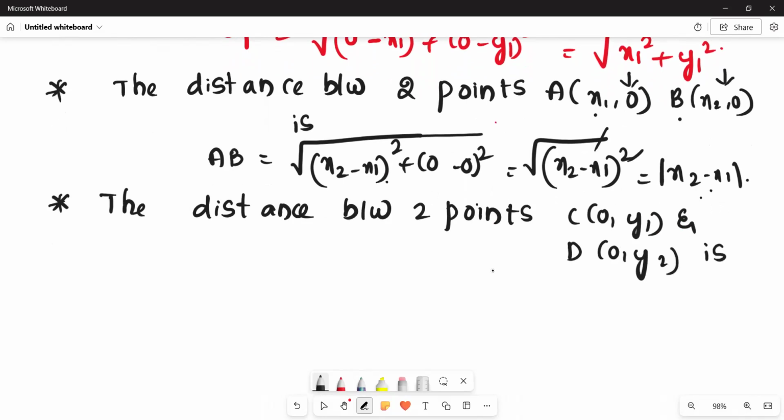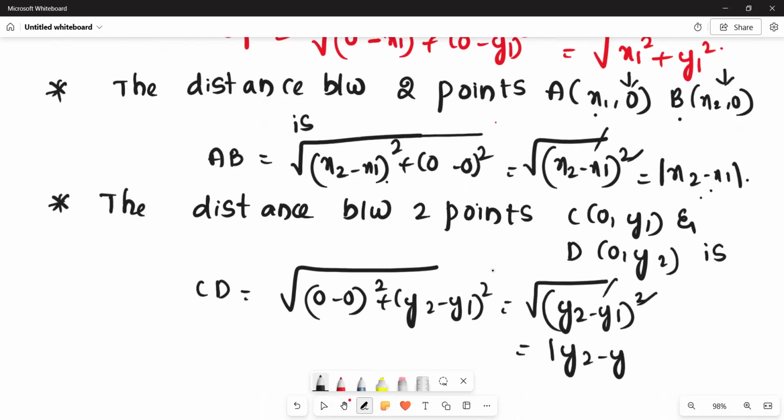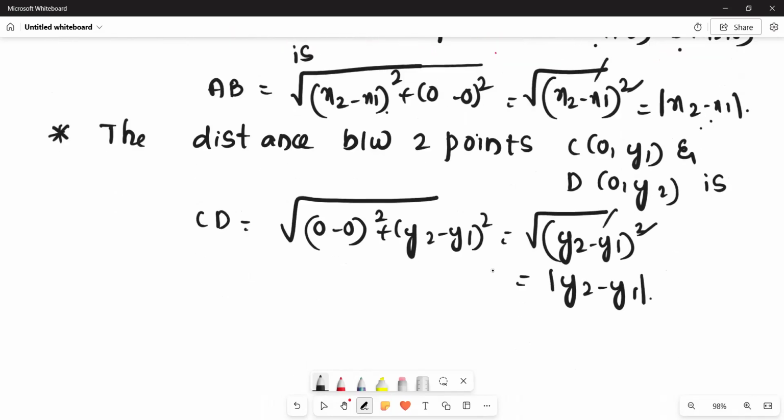So the same case reciprocated, as we are having completely y coordinates, that means ordinate points. So that was (0 minus 0) whole square, and we are having (y2 minus y1) whole square. It is equivalent to root of (y2 minus y1) whole square. When both are cancelled, we take it as modulus of y2 minus y1.